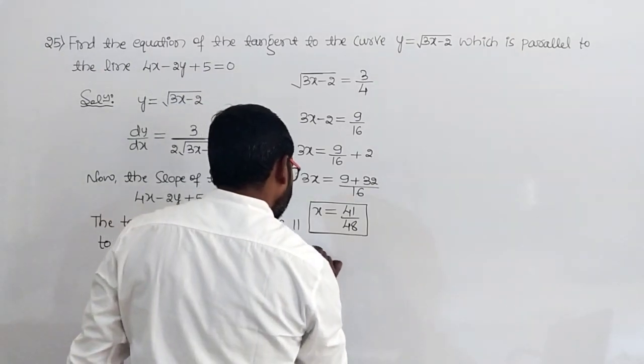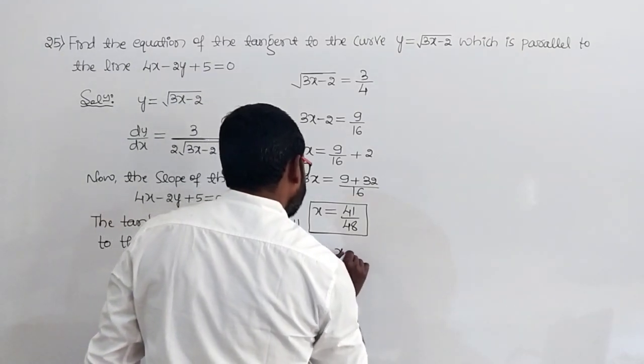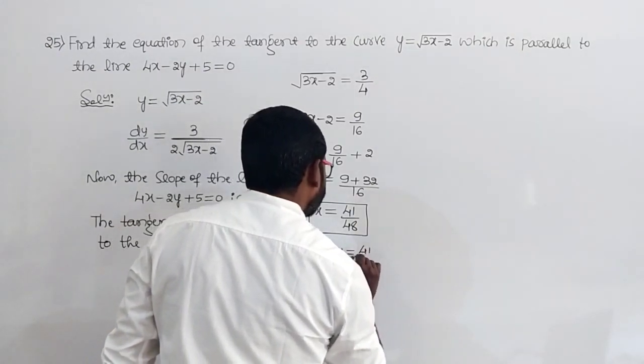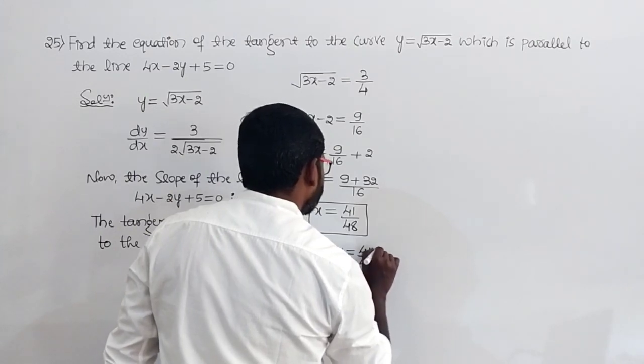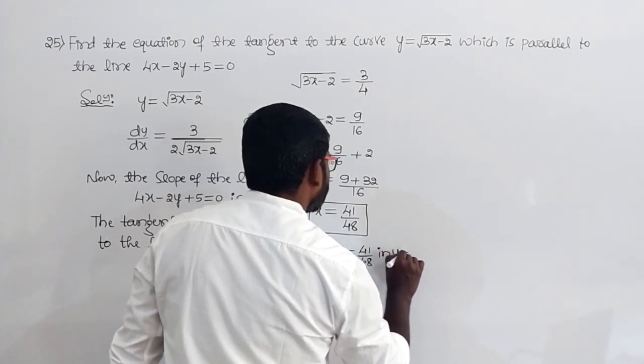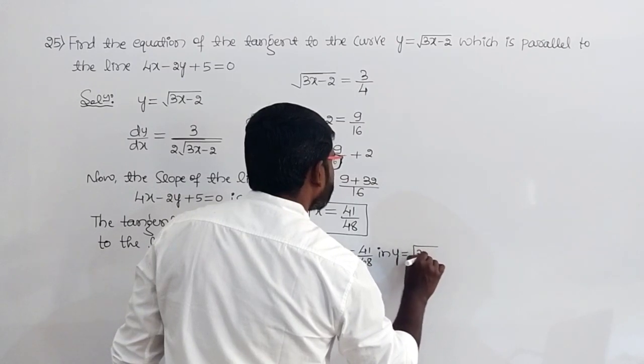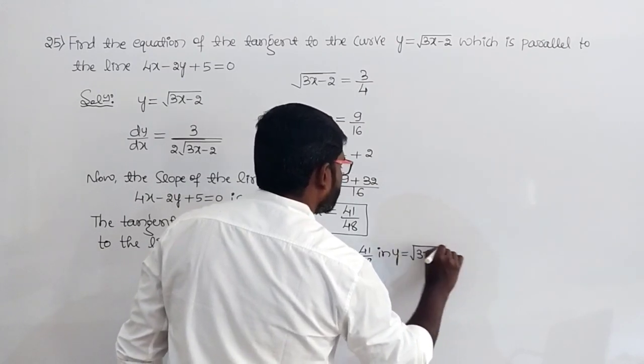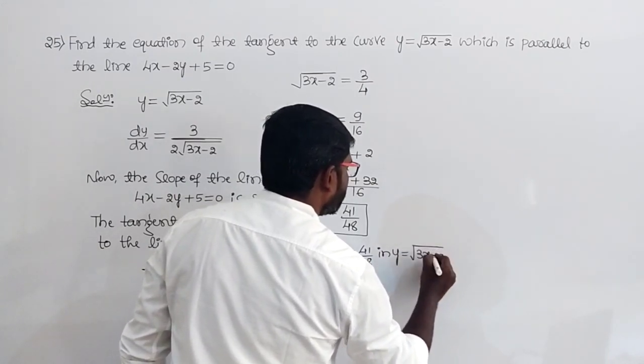So now put x equals 41 by 48 in y equals square root of 3x minus 2.